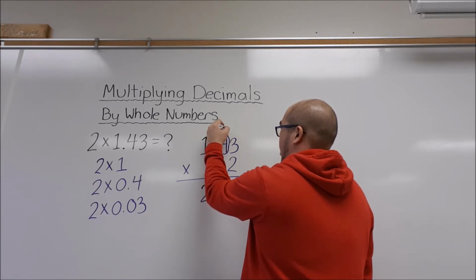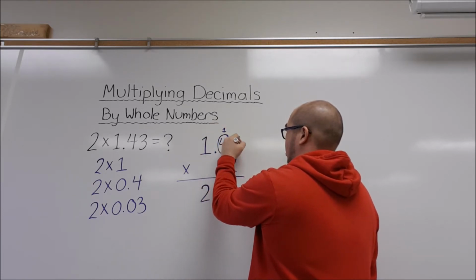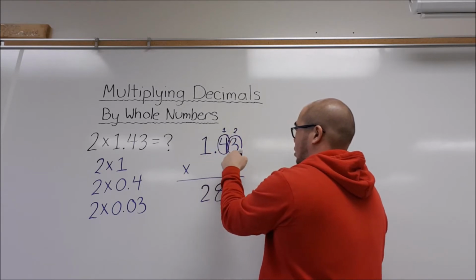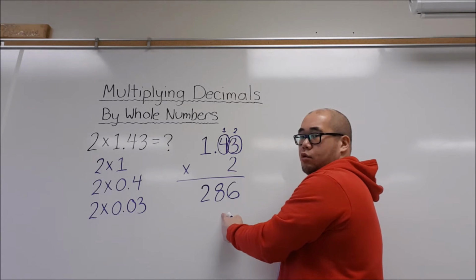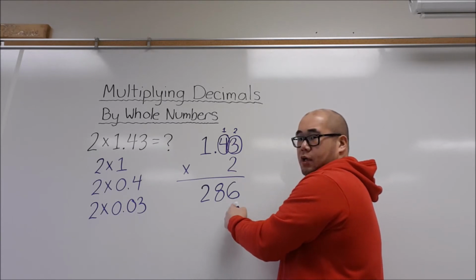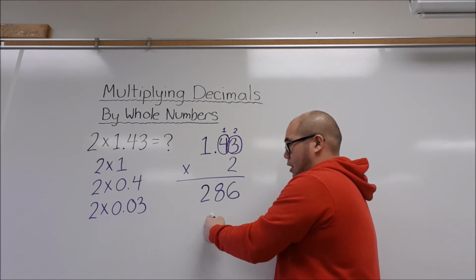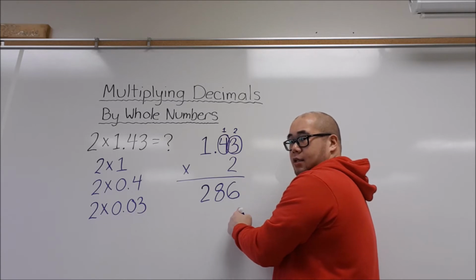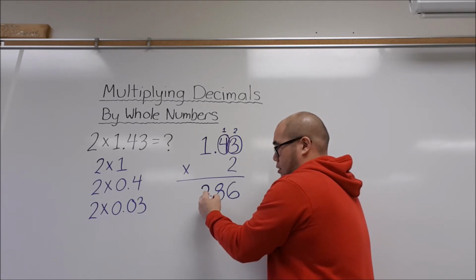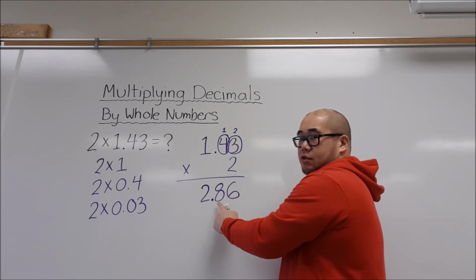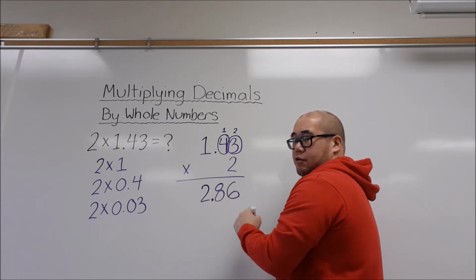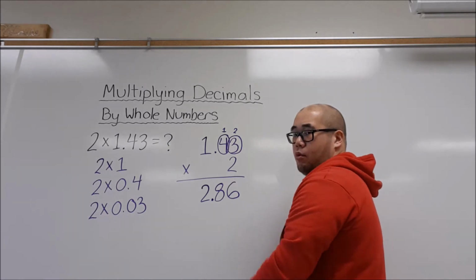That's one number there, and that is one number there. 2 numbers. So in our answer, we also have to have 2 numbers that come after our decimal place. So in this case, we would have 2, 8, and a 6. The decimal would have to go between the 2 and the 8. And that way we have 2 numbers, 8 and 6, after our decimal place. And that's our answer, 2.86.